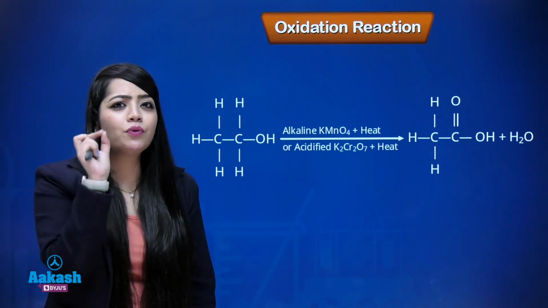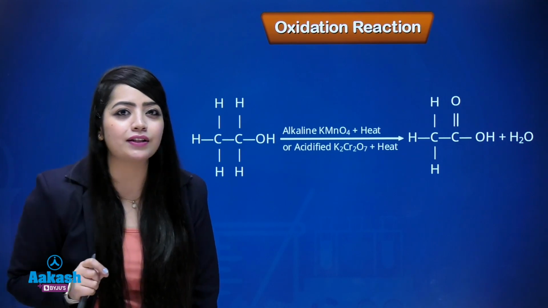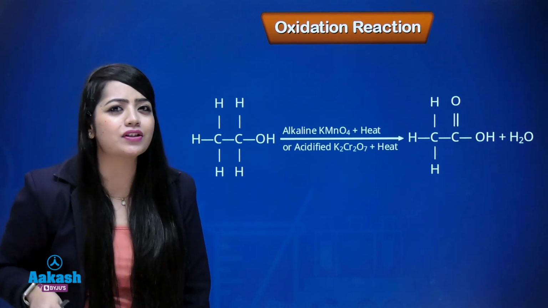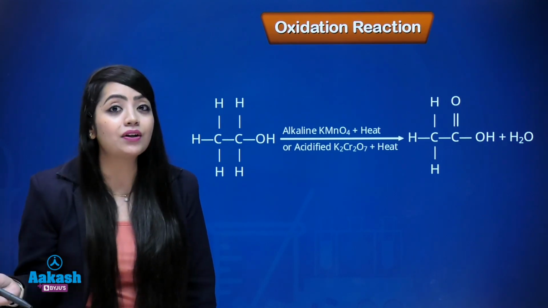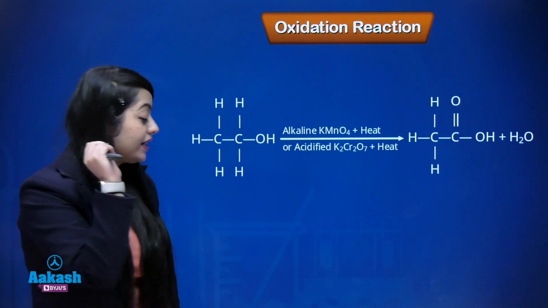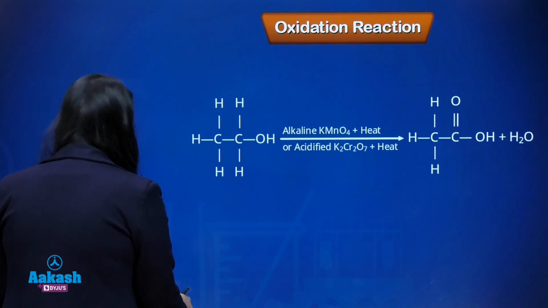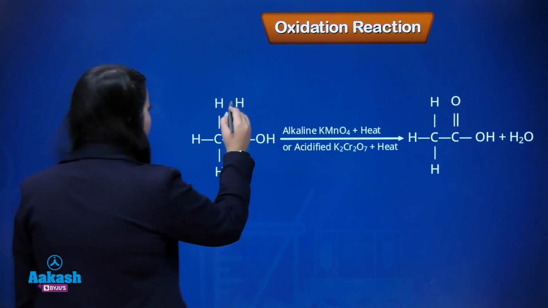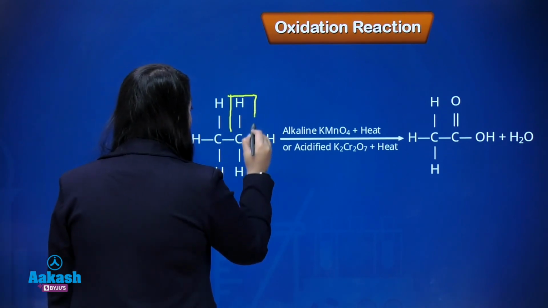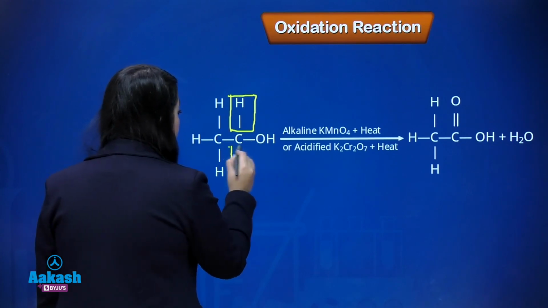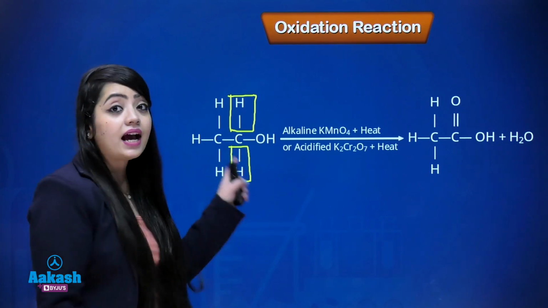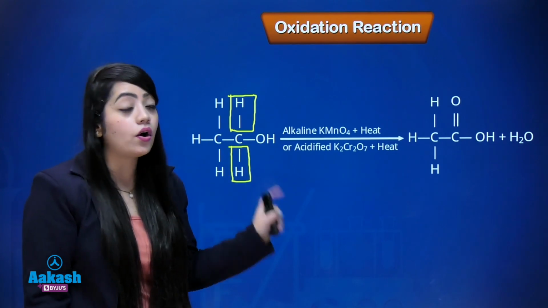Okay, now do you want to know a hack to find the solution to all the oxidation reactions from alcohol to carboxylic acid? Let me tell you, okay? So let us look carefully at what would be the trick to solve this question. Can you see these two hydrogens here, students? Yes, which are attached to the carbon which is having the alcohol group.